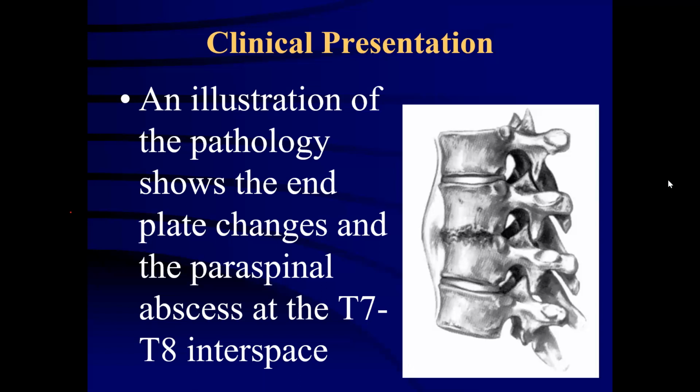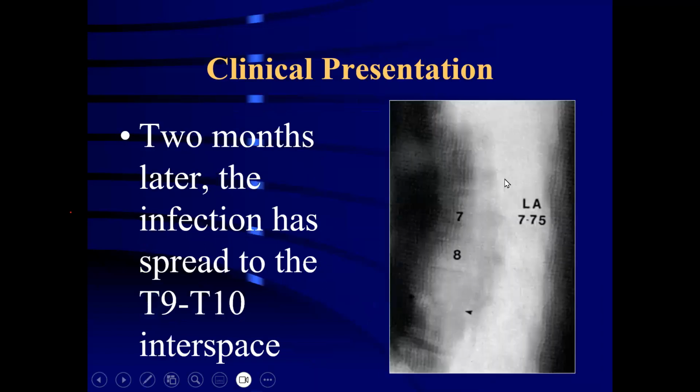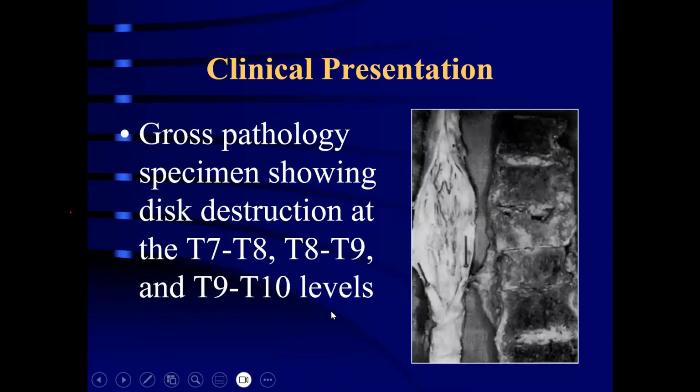This is the usual presentation. You see, this is the paraspinal abscess. You see destruction of the disc space. So this is 2 months later, the infection has spread to the T9, T10 disc space. This shows you the gross pathology specimen showing this destruction of the cord at T7, T8, T8, 9, and T9, T10 levels.